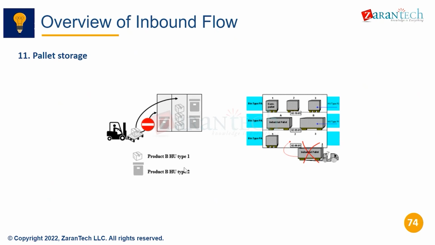Similarly, if you have a bigger container, then the storage type will be different, and if you have a smaller container, the storage type will be different in the EWM system. By seeing the picture, you can see how the pallets will be in the warehouse, and based on different sizes, the storage types will be different for those particular pallets. It's clear?